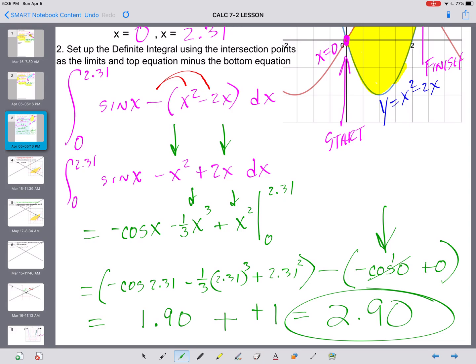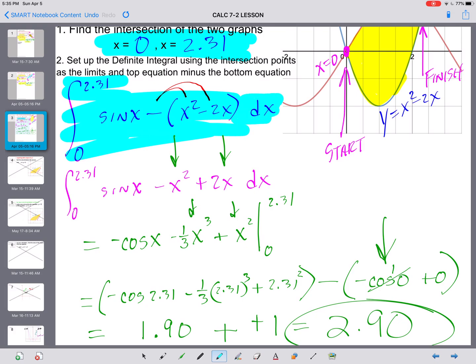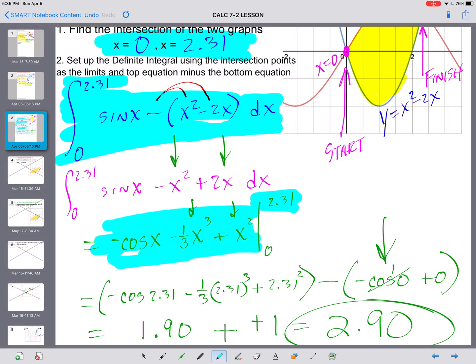Now, what do I want? Well, first of all, I want to see where you're starting and finishing. Then I want to see your definite integral. Again, top equation minus bottom equation. Then I want to see your antiderivatives with your straight evaluation bar and the limits.